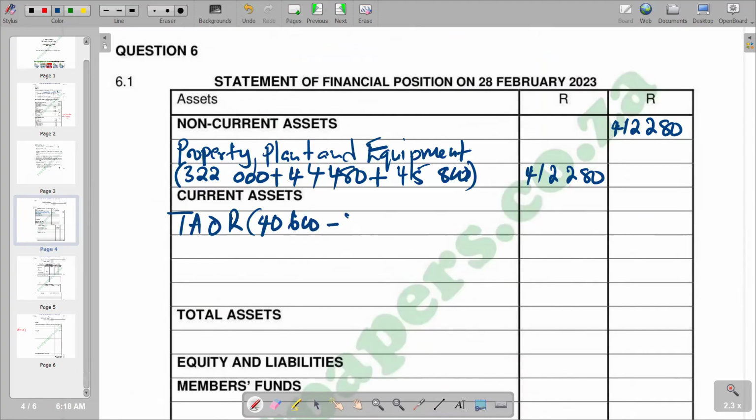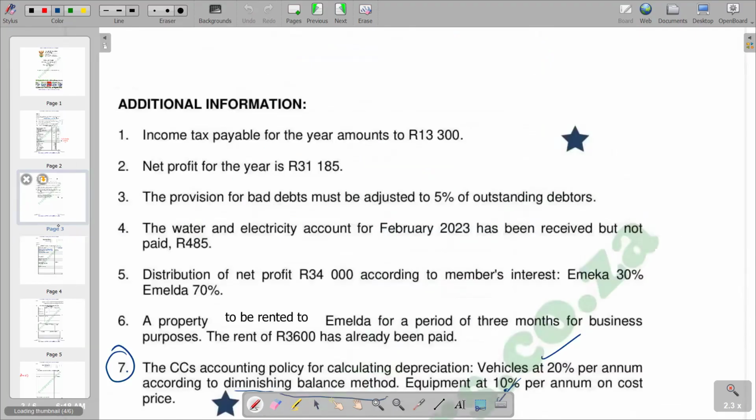And then we check the additional information if you have got prepayments of expenses or accrual of an income.